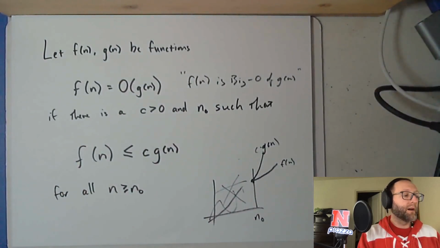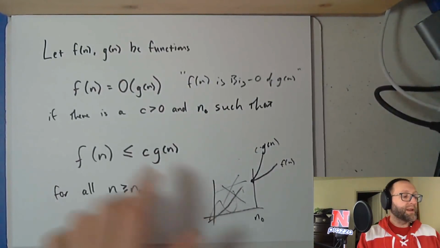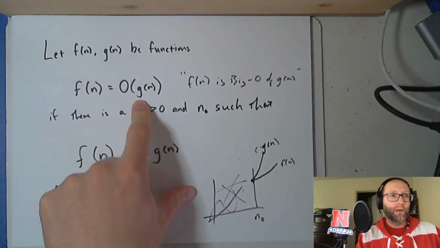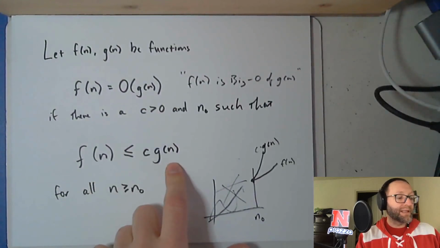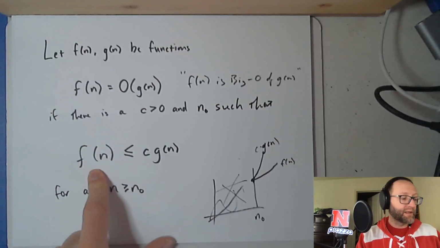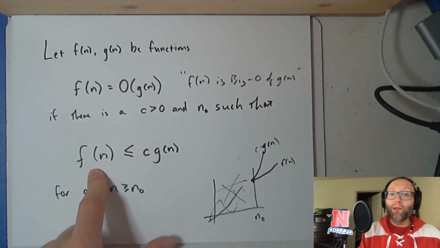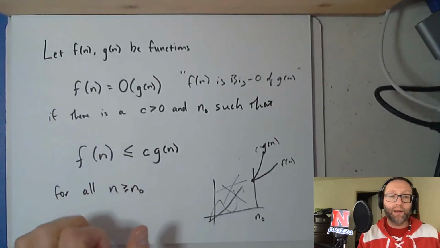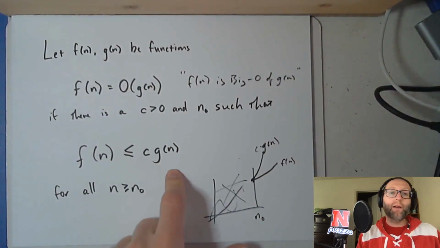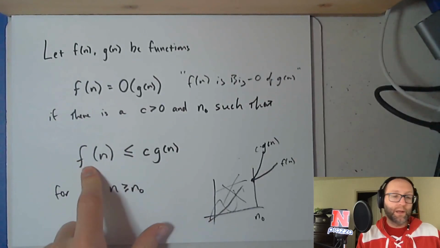That's what this definition is doing. It's basically saying that this function is no bigger than this function asymptotically. That this is the larger function, and this is the smaller function. But when we say larger and smaller in this context, we mean their rates of growth. This function will have a larger rate of growth than this function.